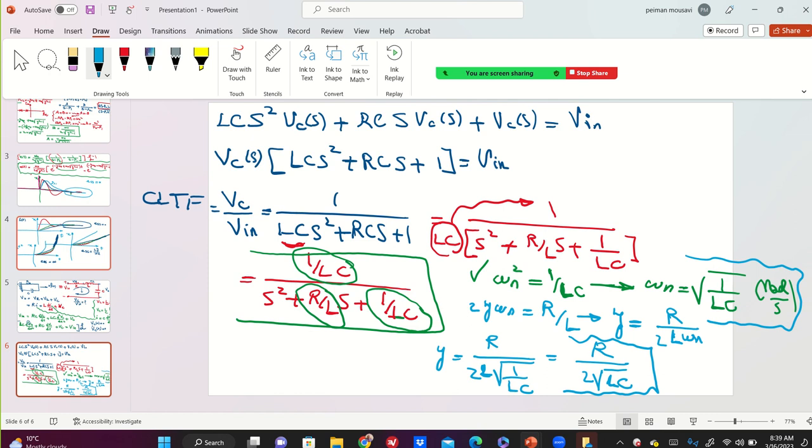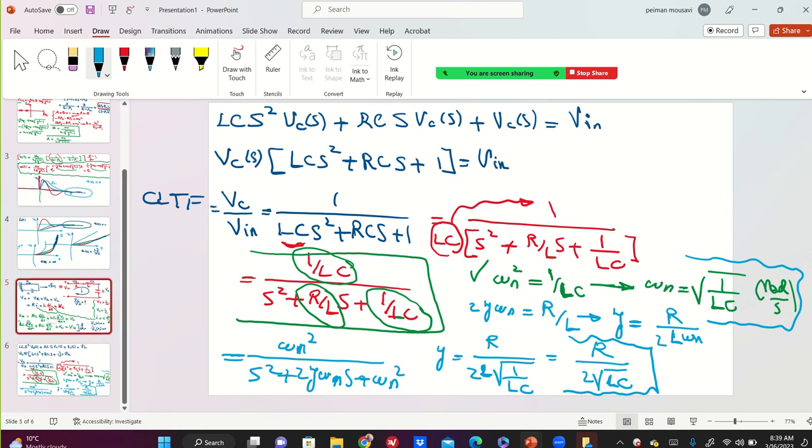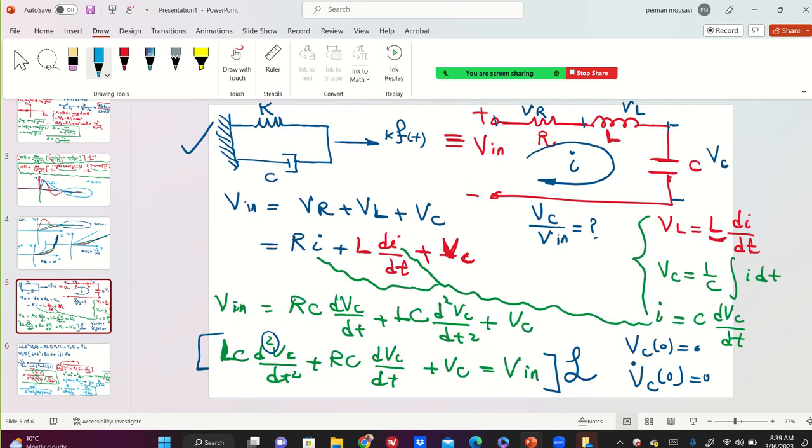So I just proved to you that this is equal to omega n squared over s squared plus 2 zeta omega n s plus omega n squared. And I just proved to you that the RLC circuit is a mass spring damper.